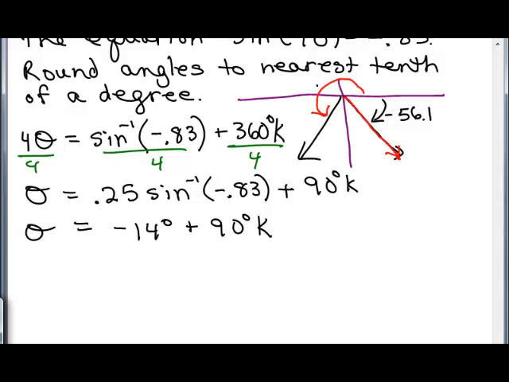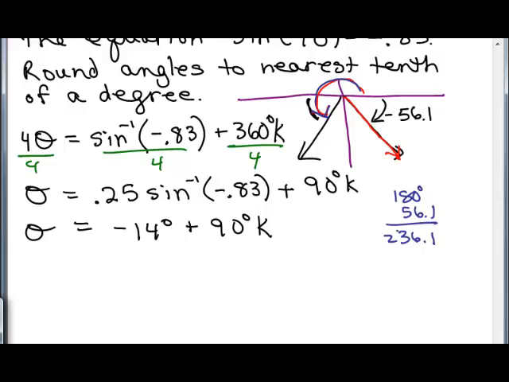So if I wanted to get this angle here, I'd have 180 plus this extra piece, I would add 56.1. So you could do that in your calculator, but I'm going to show what's going on. You'd have the 180 degrees plus the 56.1, and that's 236.1. That's what this angle is right here.